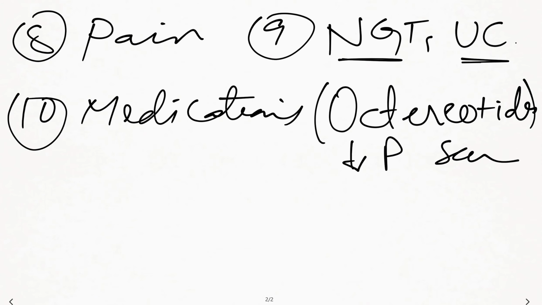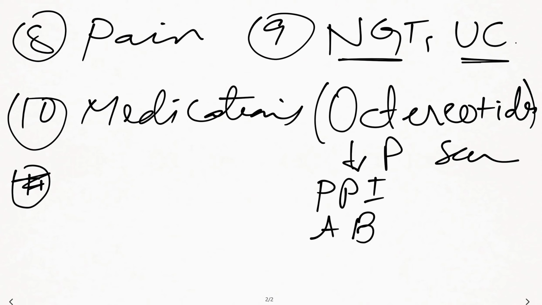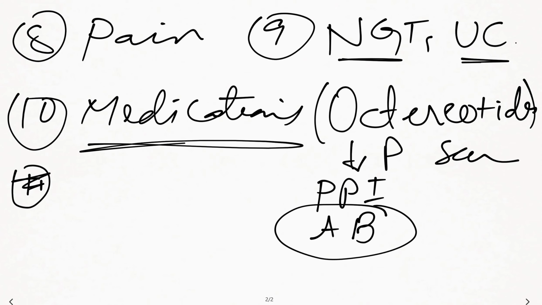Anyway, you may need to give proton pump inhibitors, to reduce the risk of erosive stress ulcer, or you may need to give antibiotics. And this is according to the evidence of infection. This is controversial. Anyway, you are going to give medications according to need.